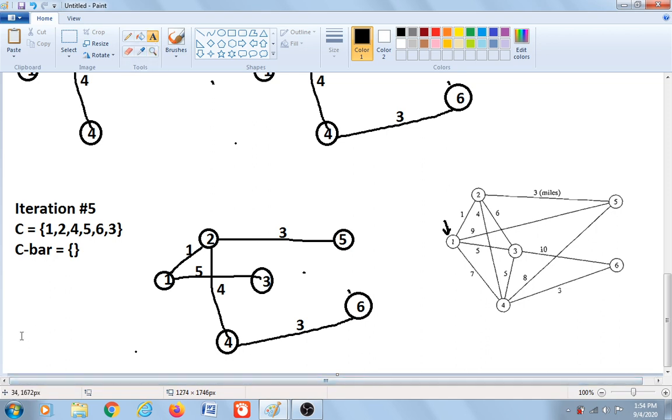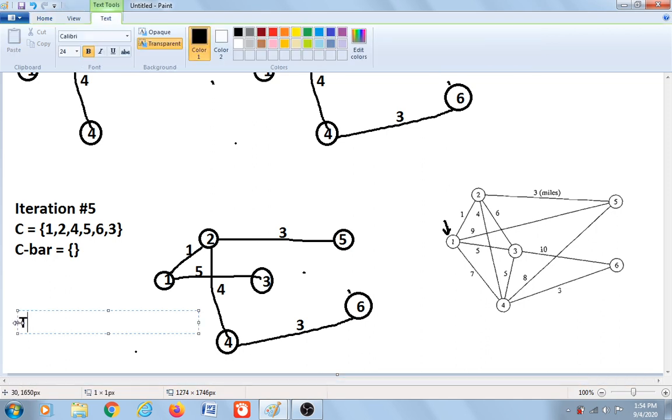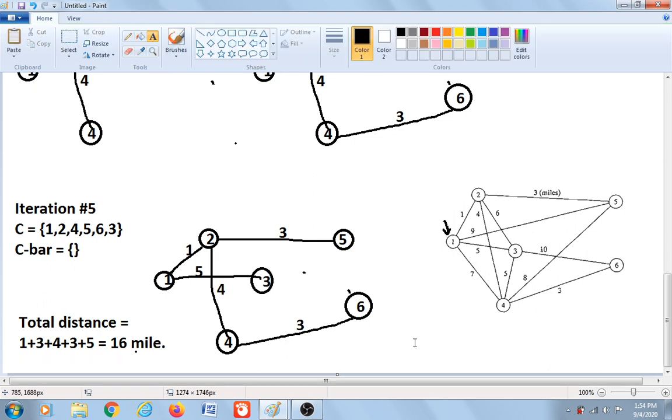So the last thing that we need to do is to calculate total distance, and that total distance will be 1 plus 3 plus 4 plus 3 plus 5, and that is 16 miles. Okay.